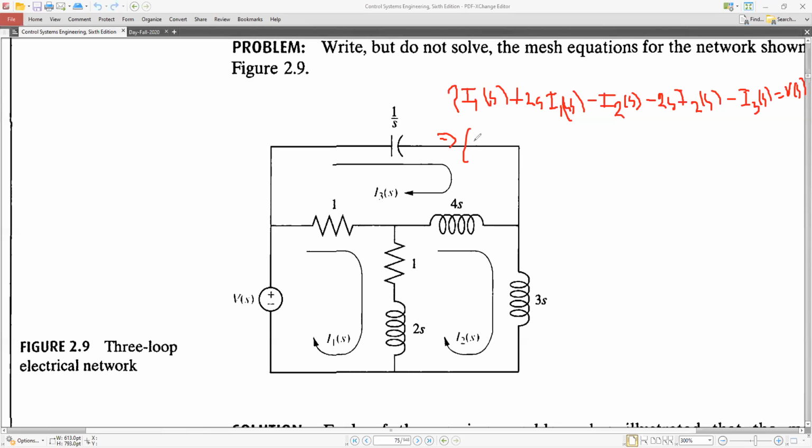If we make it simpler, 2 plus 2s into I1s.